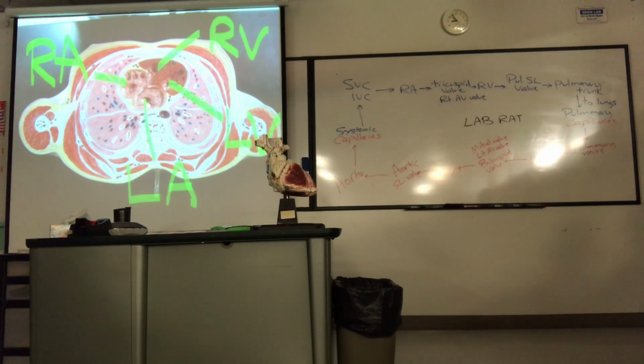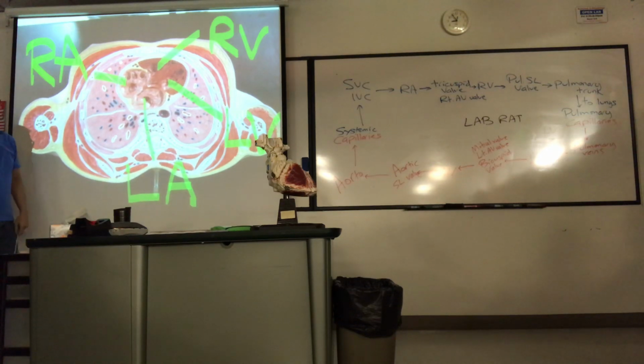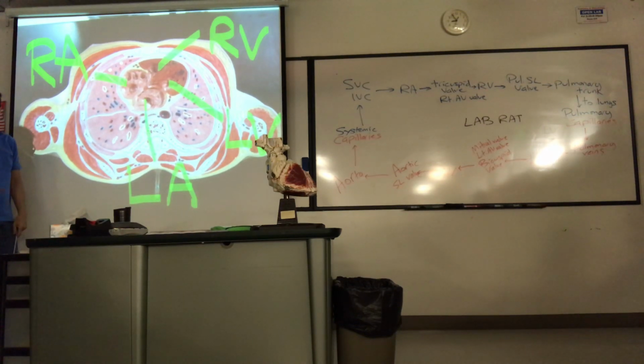Okay, so I want you to be able to recognize in a sectional view like this, this is the front, this is anterior. So the right heart is facing anteriorly. That's most of what you see when you see the heart sitting in the chest. Okay? Let me write that on the board.